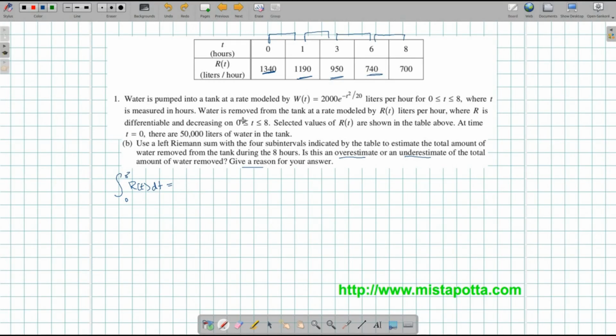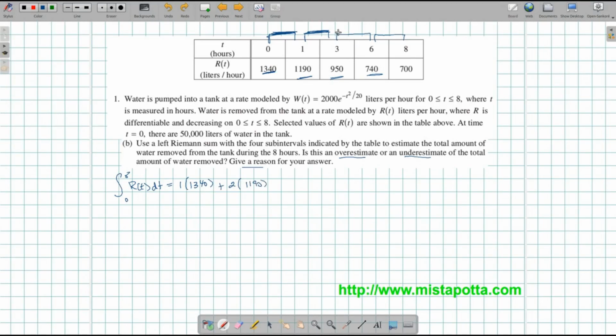So I've got a width of 1 for my first rectangle, so 1 times 1340, plus a width of 2 for this next rectangle using the left endpoint of 1190, and a width of 3 for this rectangle at 950, and a width of 2 at this rectangle, which is going to be 740.